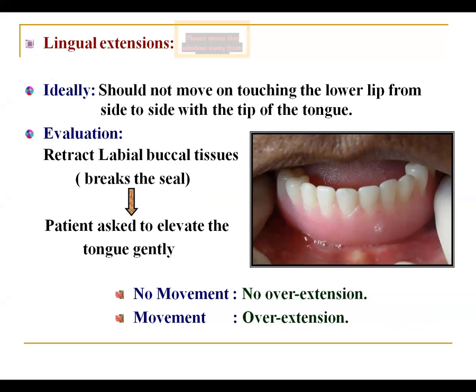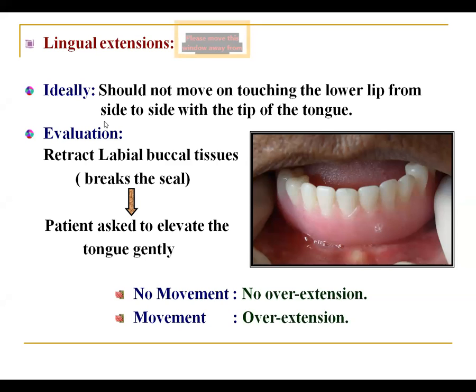It is 100% sure that your denture will not move in unexaggerated movements. If the patient gives exaggerated movements, 101% your denture will not sit properly. So it means the success of insertion depends on the patient's movement or how he is dealing with his prosthesis.